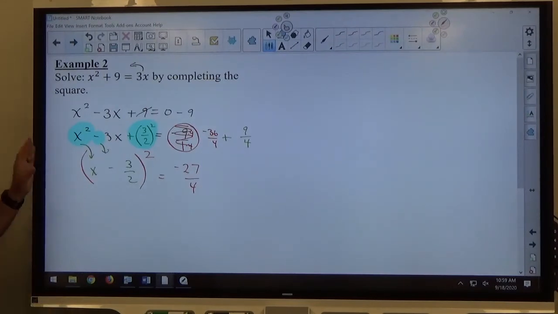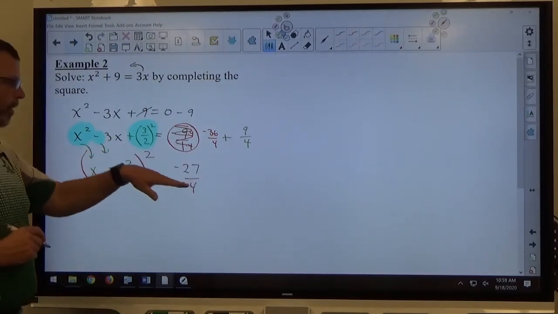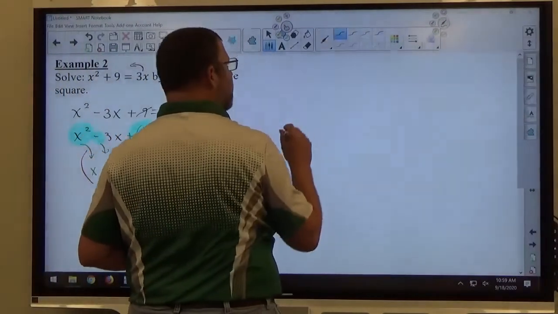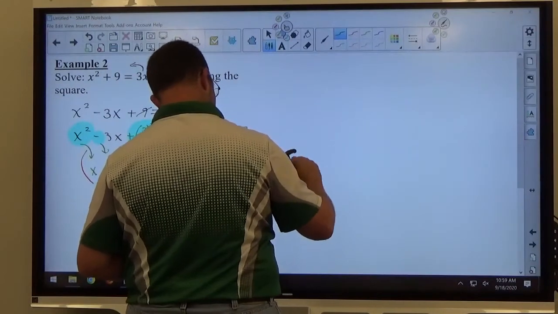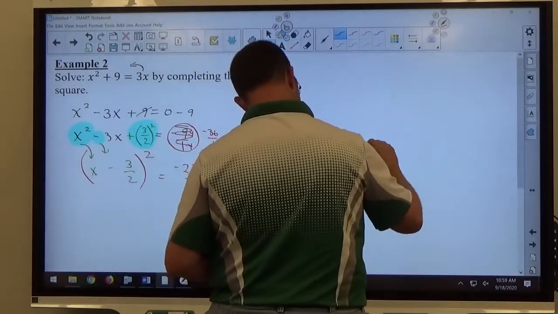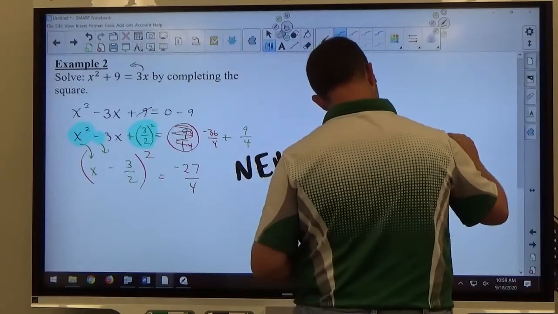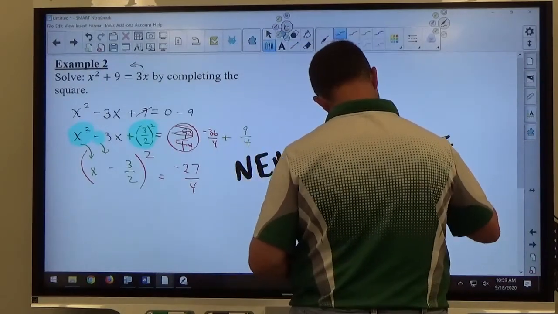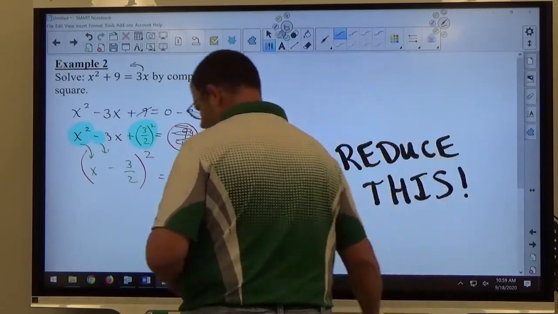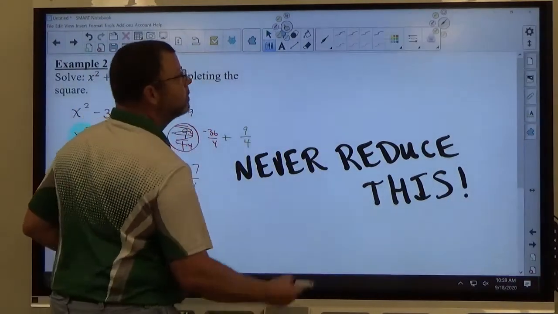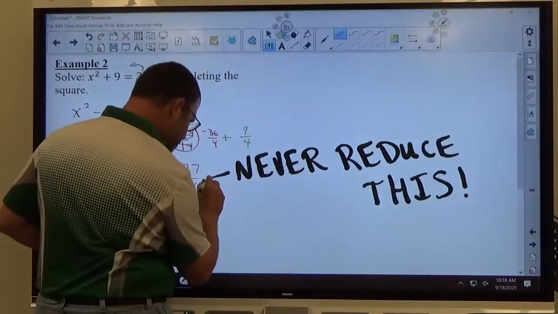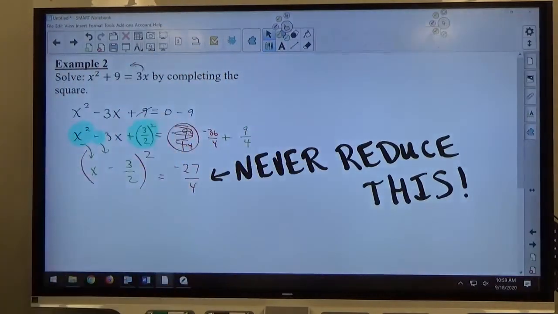Let me put one disclaimer on this. Sometimes this is a fraction over here. I'm going to write this big enough that it seems important. Never ever reduce that.